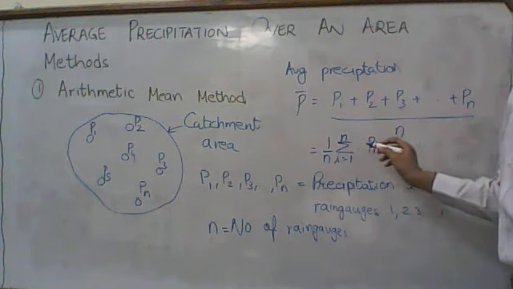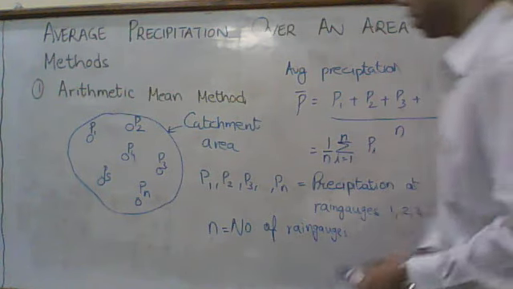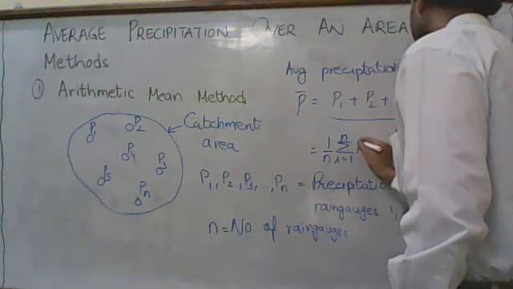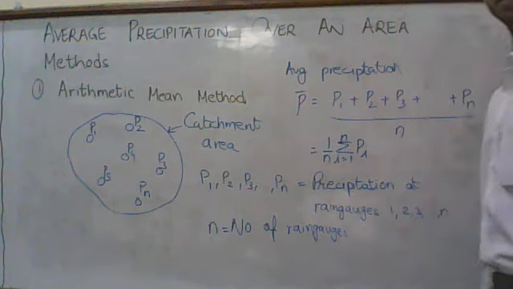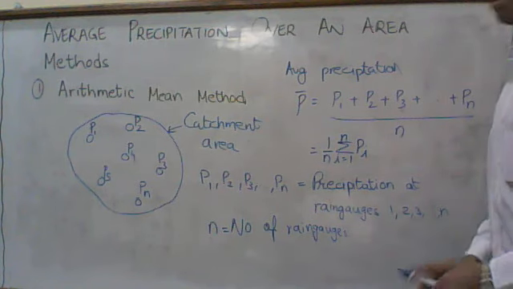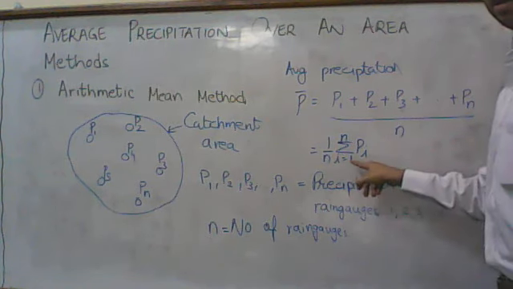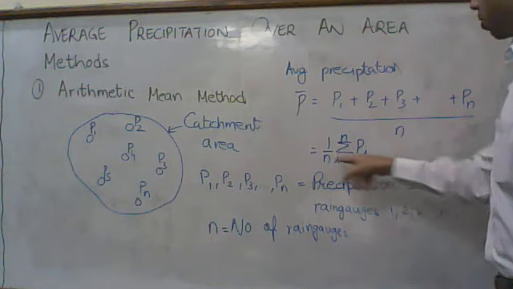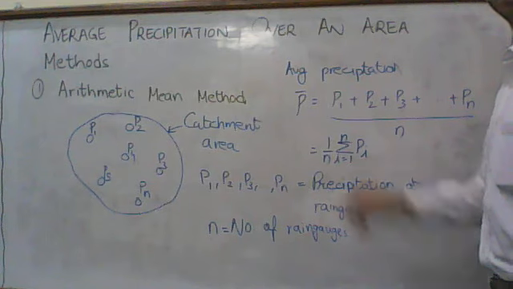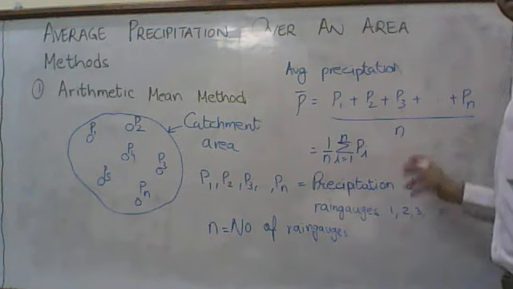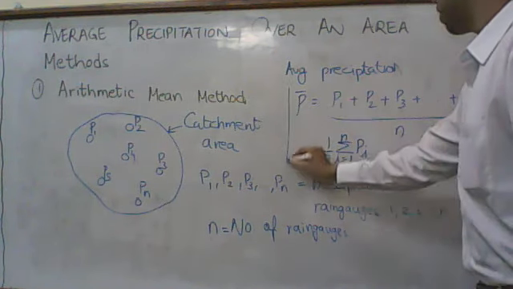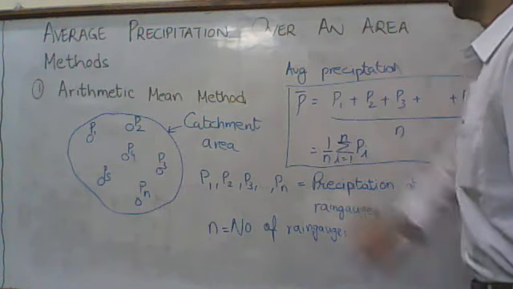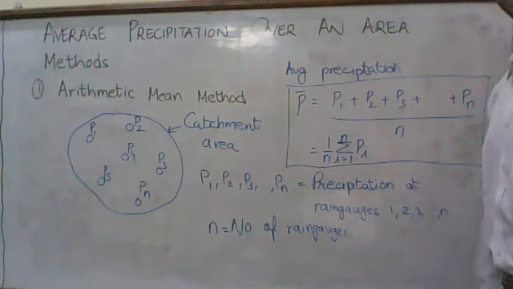Now here we can substitute the values of i: P1 plus P2 plus P3 till Pn, whole divided by n. So this is the basic formula for calculating the precipitation using the arithmetic mean method.